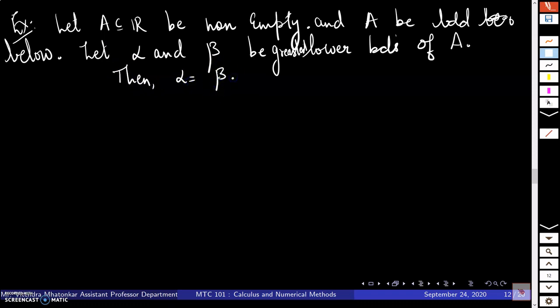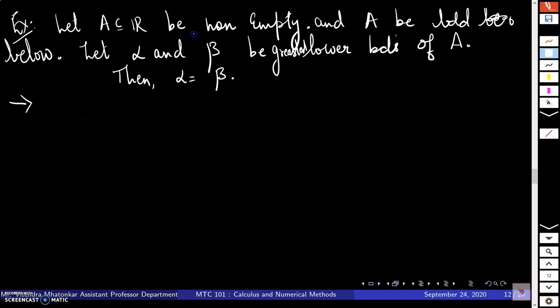In one line, I can say the infimum of any non-empty subset of R which is bounded below is unique. So a set can have only one infimum. It cannot have more than one infimum.